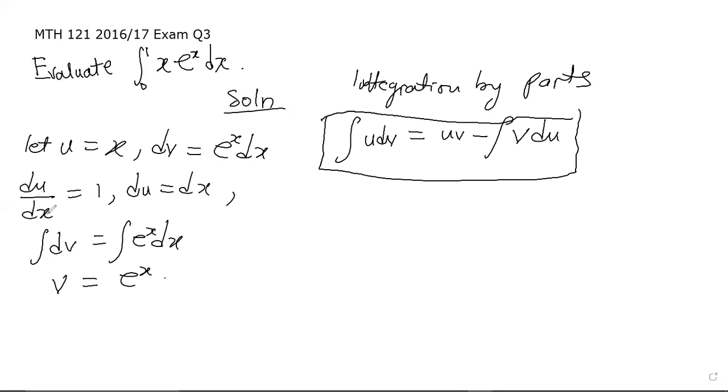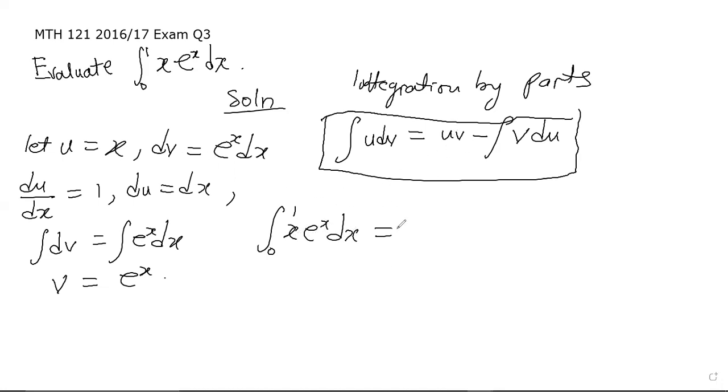So the integral from 0 to 1 of x e raised to the power of x dx is the same thing. Remember, this is u dv, so it is uv.